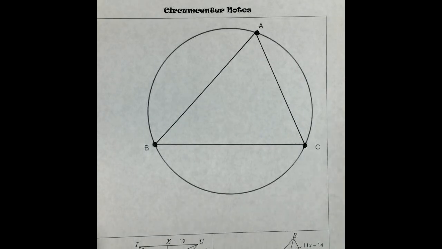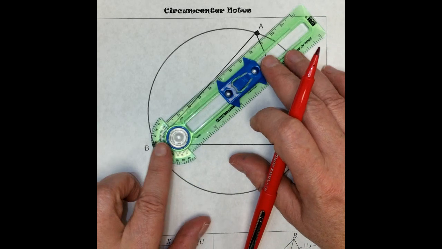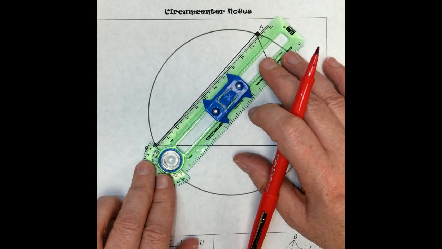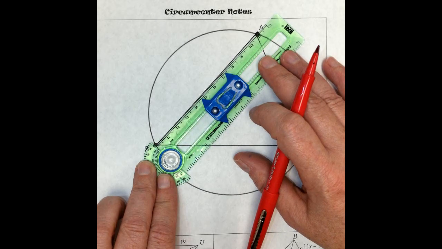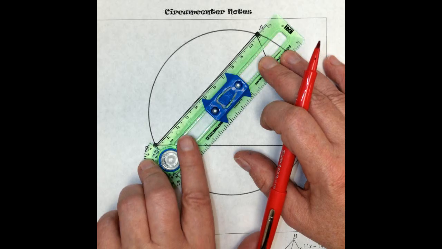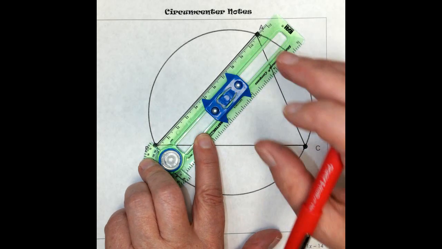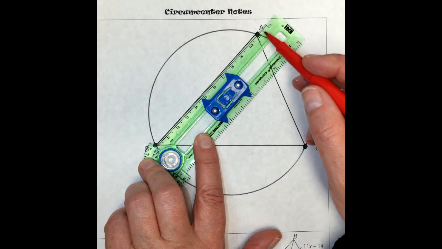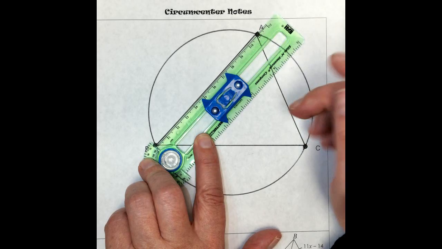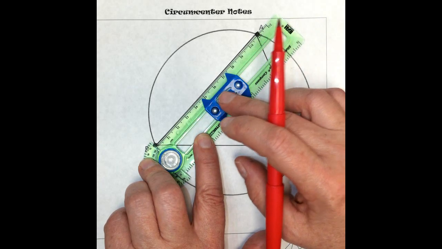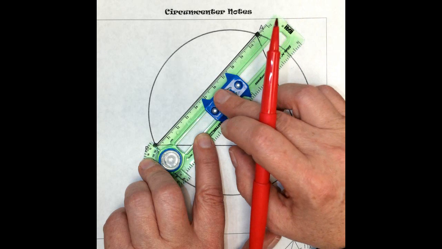Next, I've got to create those perpendicular bisectors. So remember, to create a perpendicular bisector, I'm going to set my compass a little bit over half, or the midpoint, of a section. Segment AB is 11 centimeters, so half of 11 is 5.5 centimeters.